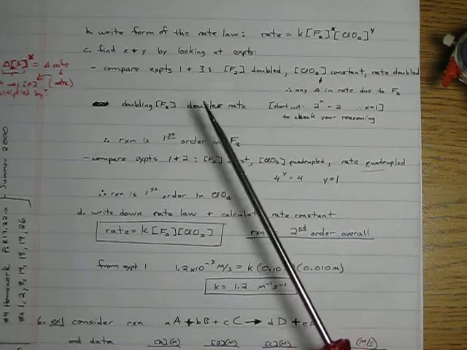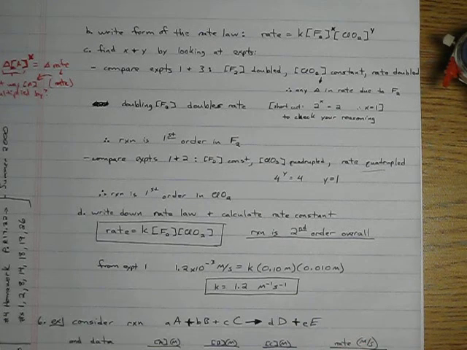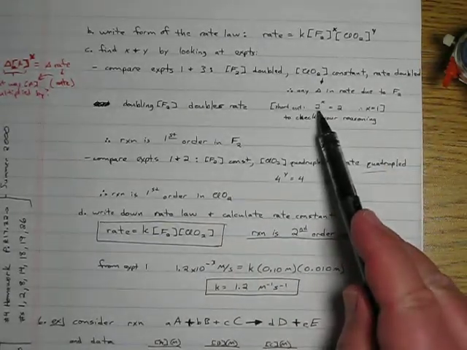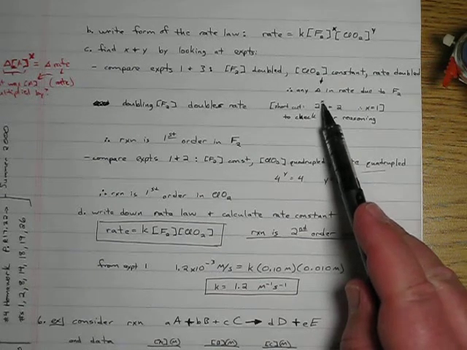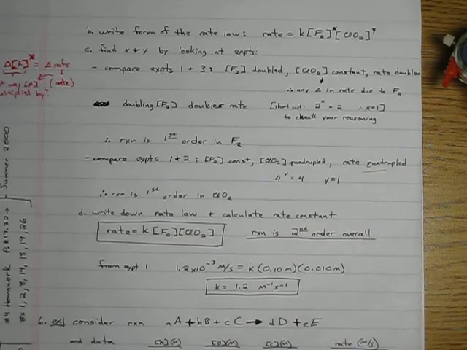Doubling the concentration of F2 doubles the rate, which means doubling the concentration, multiplying the concentration by 2 to some power X meant multiplying the rate by 2.